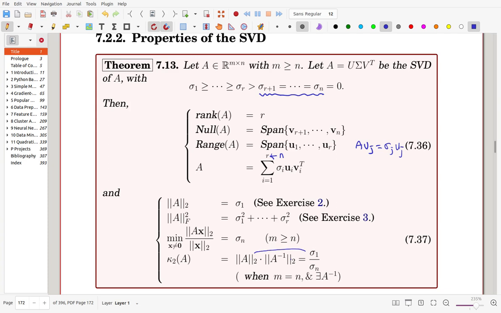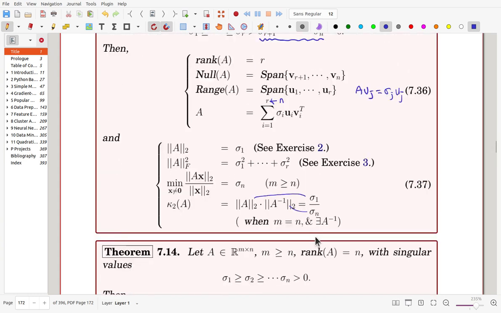Now the 2 norm of A inverse is 1 over sigma n. So that is sigma 1 over sigma n. This condition number plays a very important role in dealing with algebraic systems or matrix algebra. The smaller, the better.